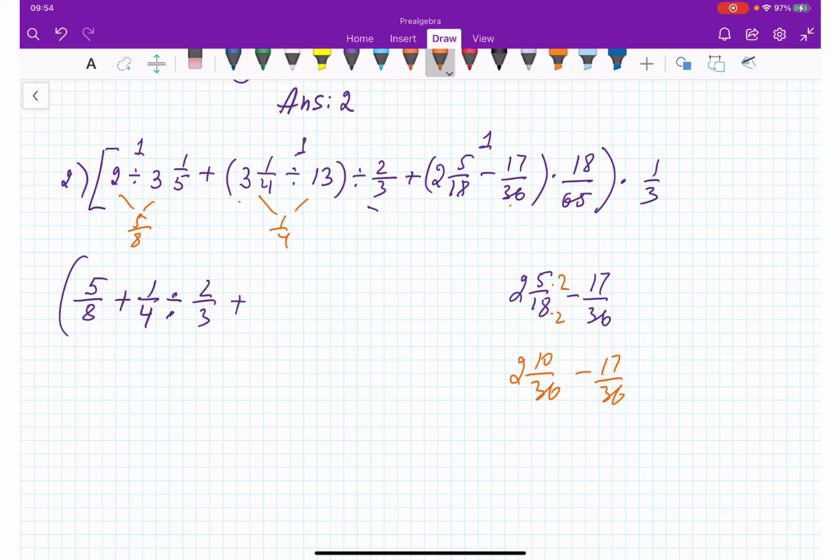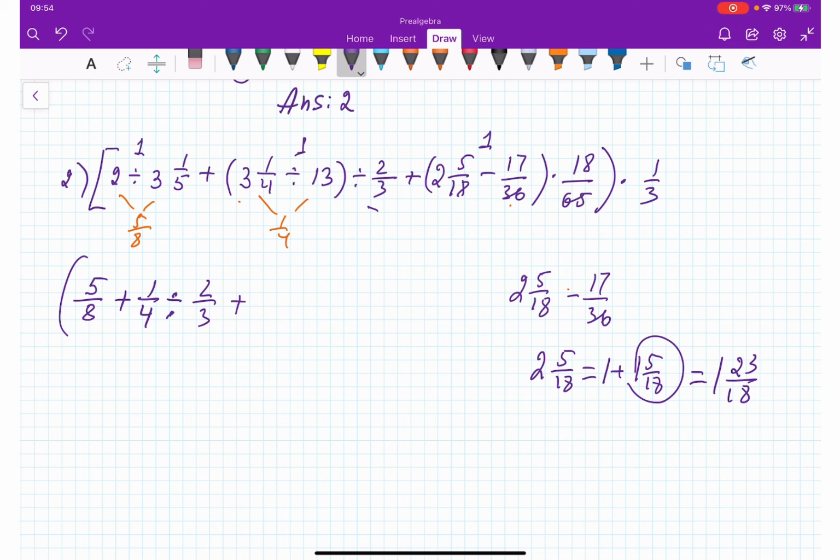I can't do 10 minus 17, therefore I'm going to borrow 1 from these two. Look what I'm doing. 2 and 5 over 18, I can write down 1 and 1 5 over 18. Borrowing 1 from these two to convert this 1 into an improper fraction. So it's going to be 1 and 23 over 18.